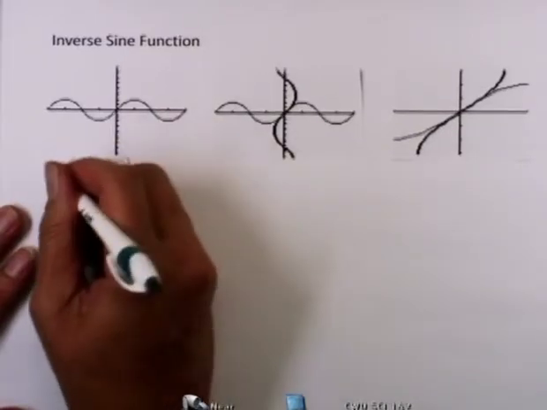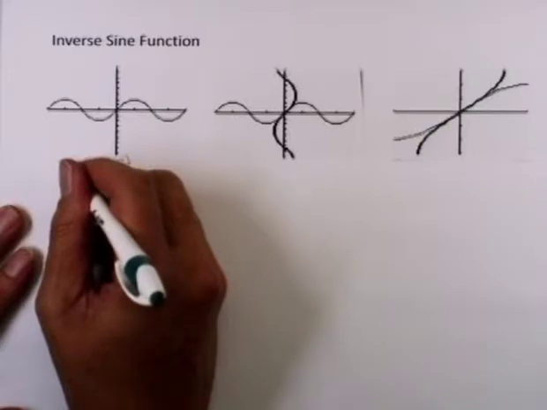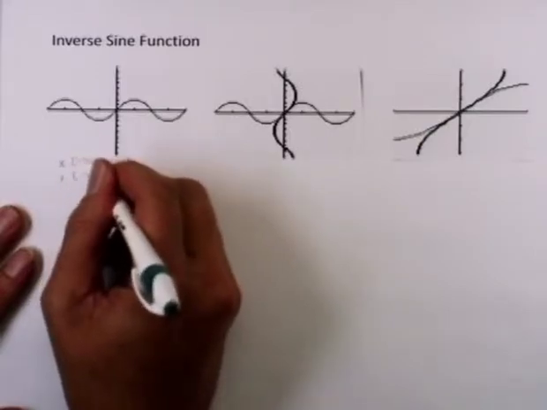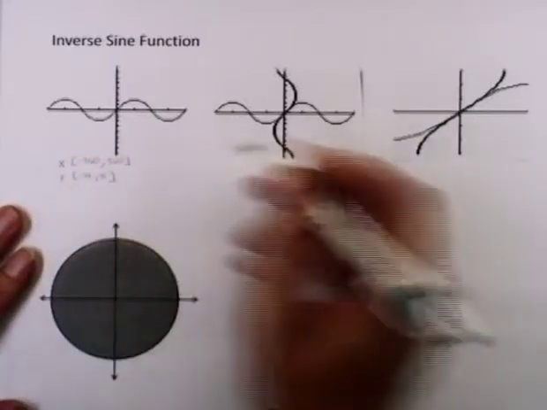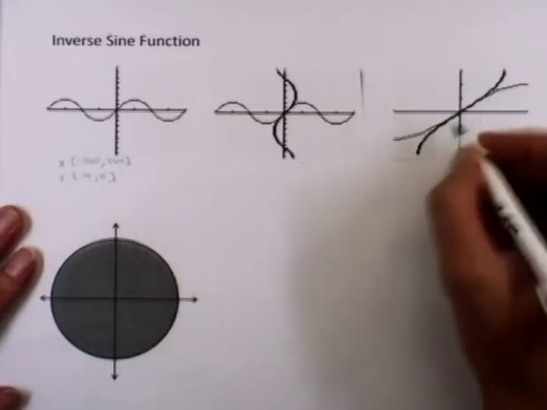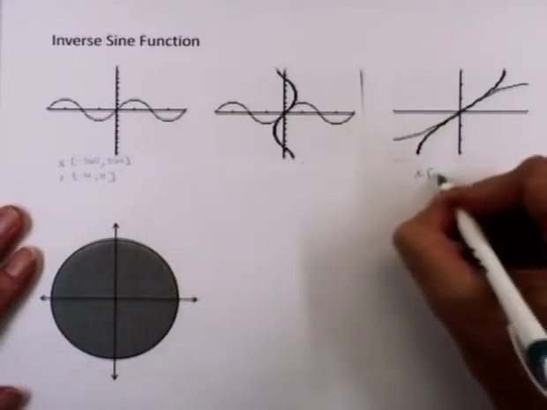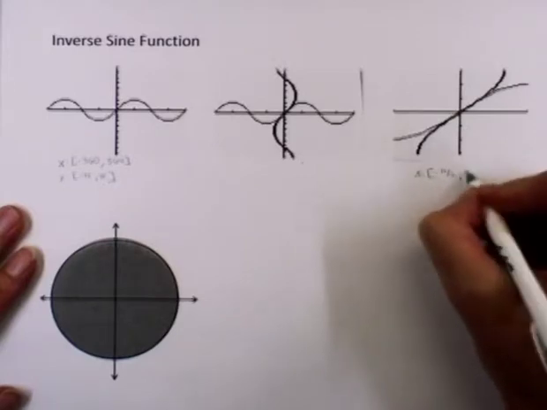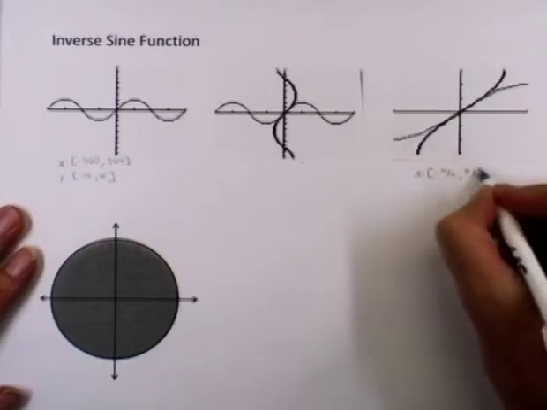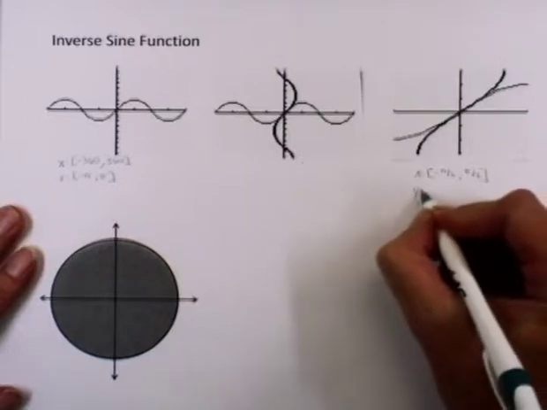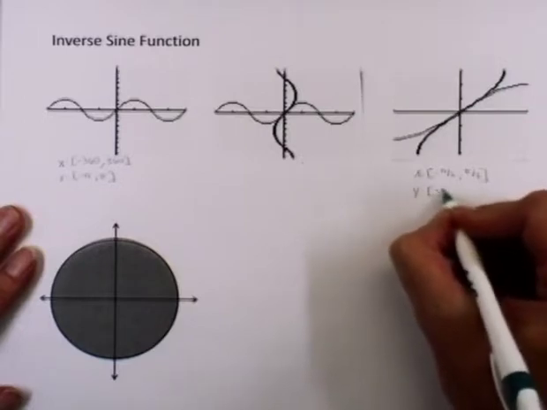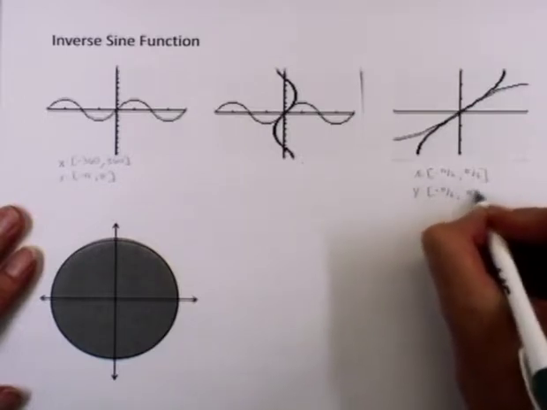And I think I put the y value going from negative pi to positive pi. And then I use the same window here. And then on this one, my window goes from, for the x value, negative pi over 2 to positive pi over 2. And the y value has the same window, negative pi over 2 to positive pi over 2.